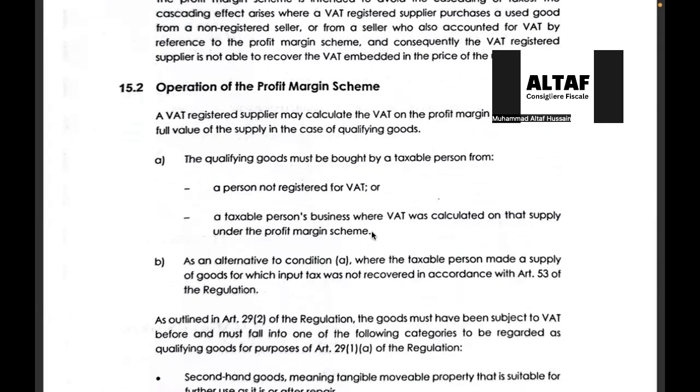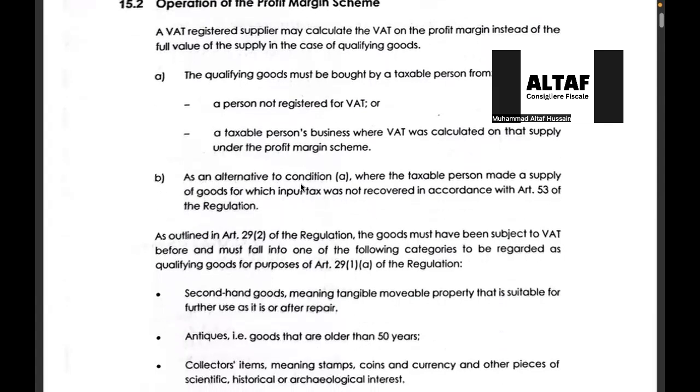So the profit margin scheme is not only applicable where the taxable person purchases something from a non-registered person. The taxable person can purchase goods from a taxable person's business also, but the condition is that the taxable person's business should have also accounted for the VAT under the profit margin scheme.